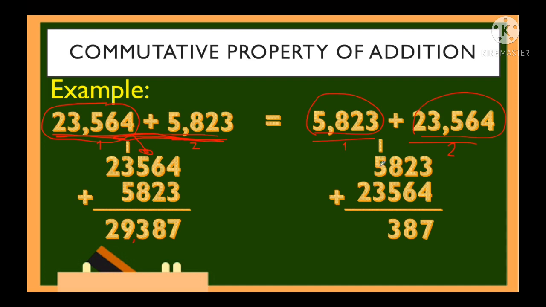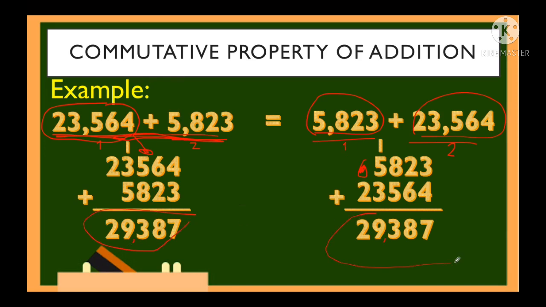1 plus 5, 6. 6 plus 3, 9. Correct. And then since we don't have any number here, we will just copy 2. So we have the answer on the second equation, 29,387. Are they the same?